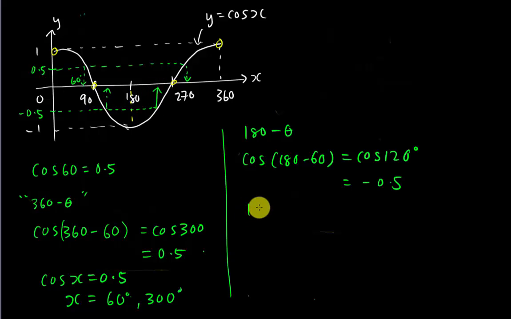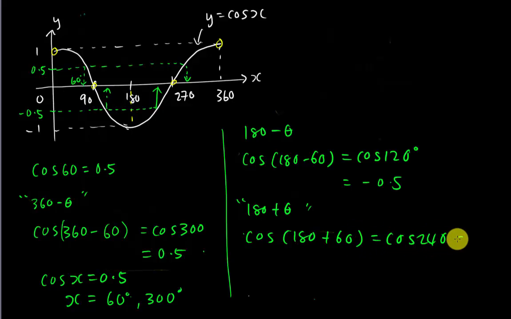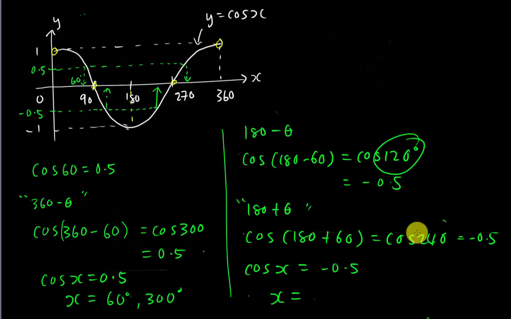The third quadrant we know is 180 plus delta, isn't it? So it will be cos 180 plus 60 degrees, which is cos 240. So you will get negative 0.5 also. So if I ask you cos x equals negative 0.5, you should know your x is 120 and 240.